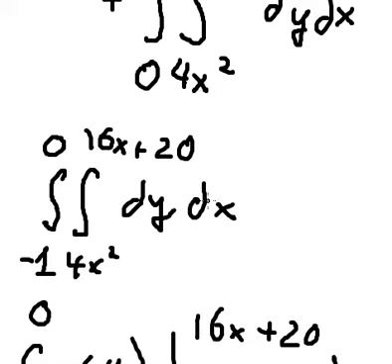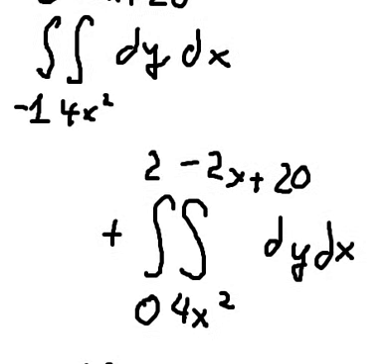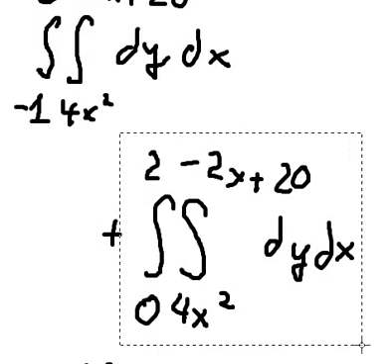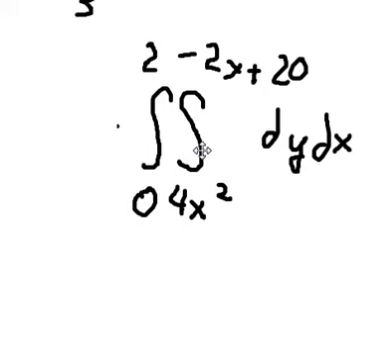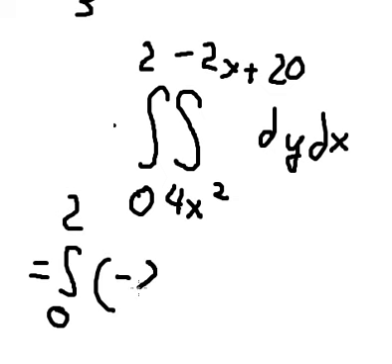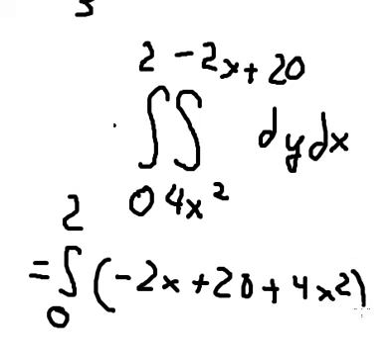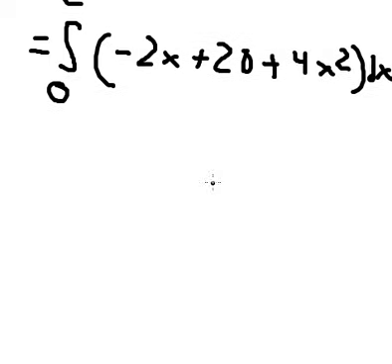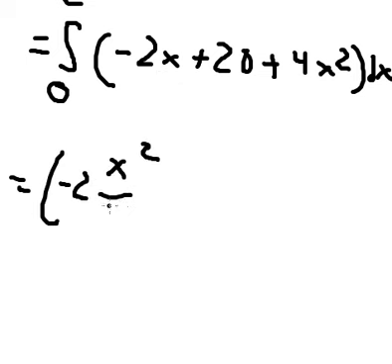Now let's go to the second one. We do the same technique. And we will have negative 2x plus 20 minus 4x squared dx. So the integration of x, we have x squared over 2.